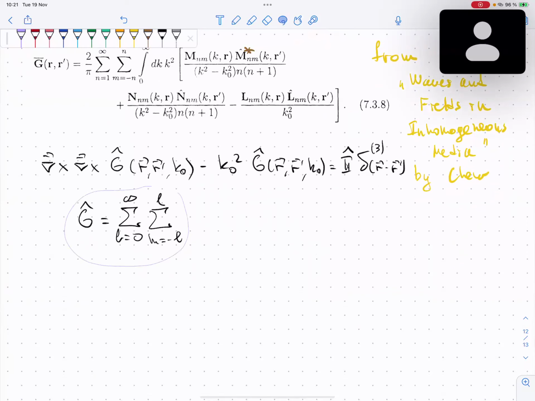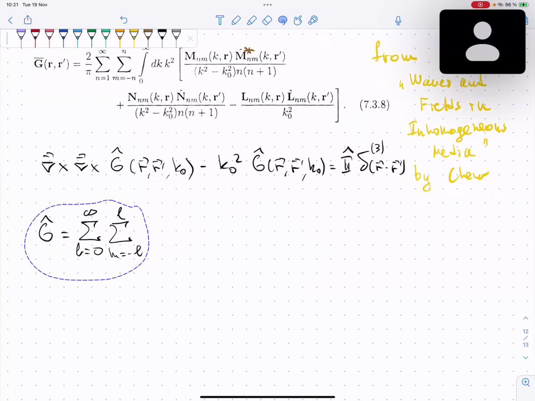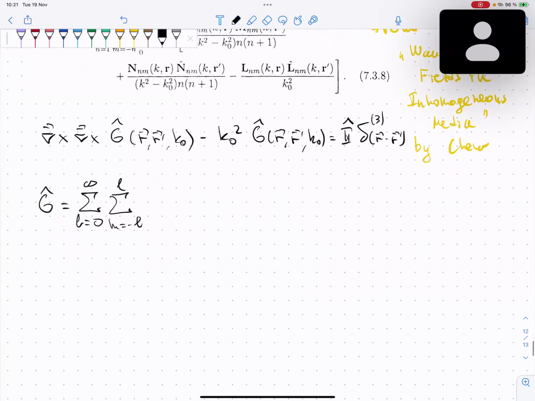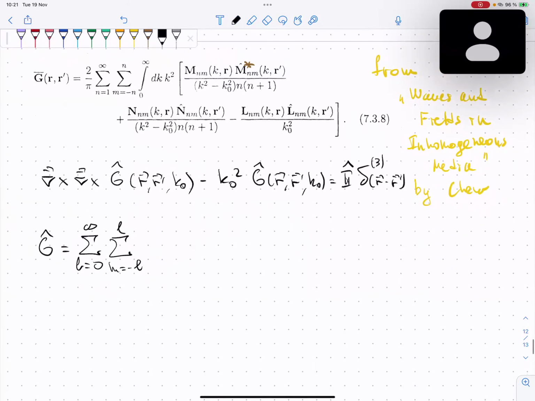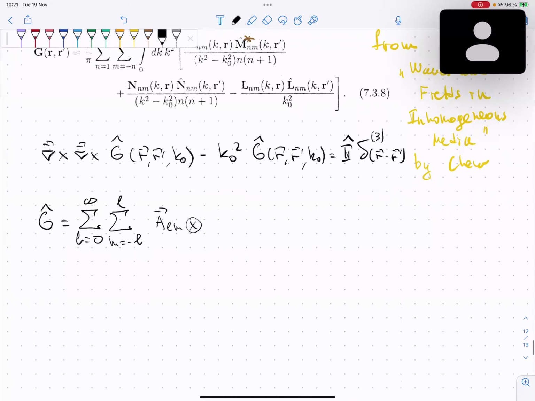So you can express this Green function. It should be a matrix. In this case, these coefficients will not be scalars, but some other vectors, A_LM, and the expansion can be written like this: M_LM plus B_LM, N_LM.